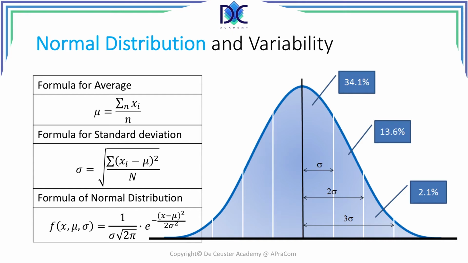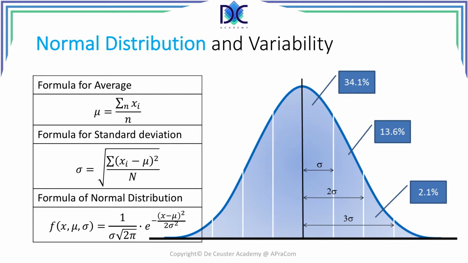Between the first and the second white line, we have average plus sigma and average plus 2 times sigma. And the surface under the graph here is equal to 13.6%. And the last part, the last zone, is the average plus 2 sigma plus the average plus 3 sigma, which represents 2.1%.